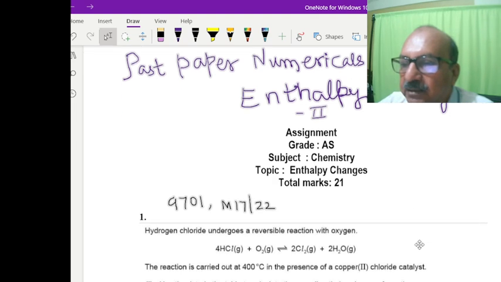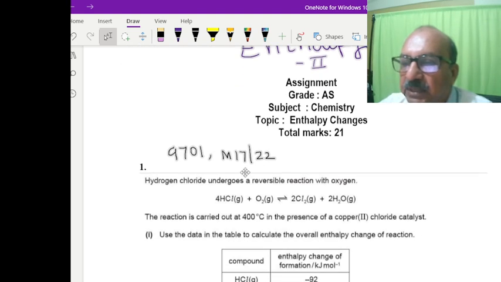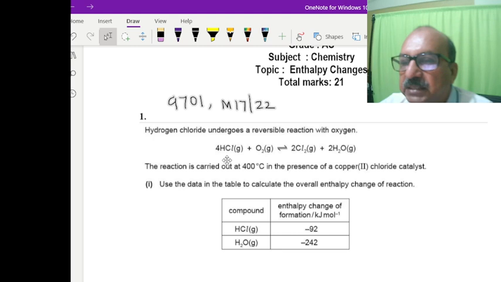So let's go ahead. The first question that I have got is taken from the March 2017 paper, variant number 22. The question says that hydrogen chloride undergoes a reversible reaction with oxygen, and this is the reaction that you see: 4HCl gas plus O2 gas in a reversible reaction gives you 2Cl2 gas plus 2H2O gas.